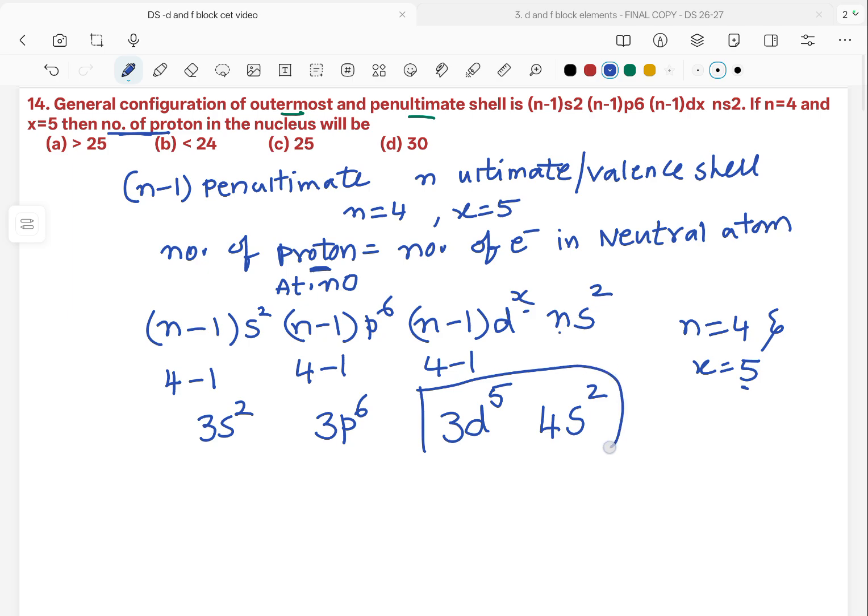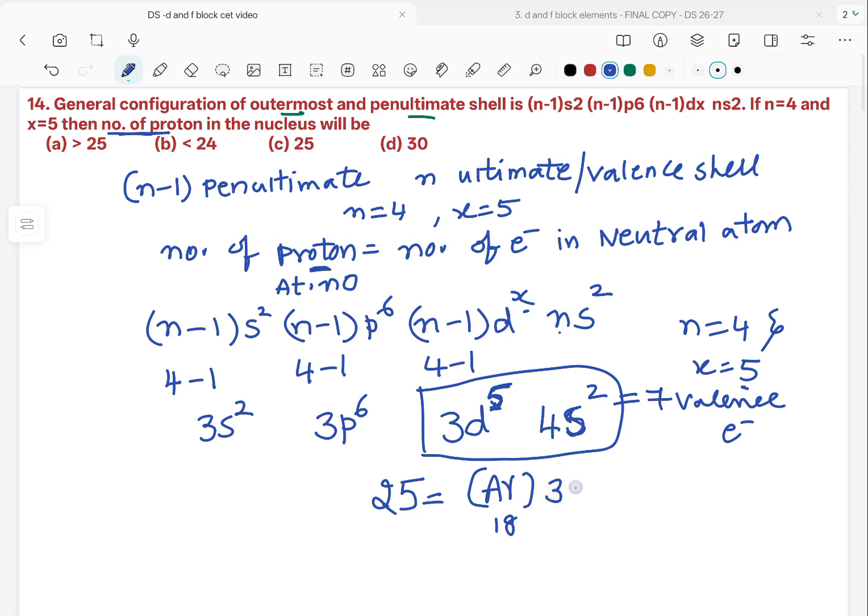The valence configuration is 3d5 4s2, meaning it has 7 valence electrons here, and atoms which have an atomic number of 25 will have 3d5 4s2 electronic configuration with 7 valence electrons, meaning the atom with atomic number 25 will show argon configuration, which is nothing but 18, followed by 3d5 4s2 configuration.